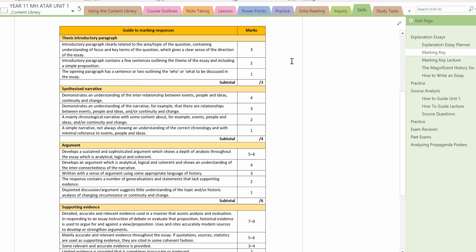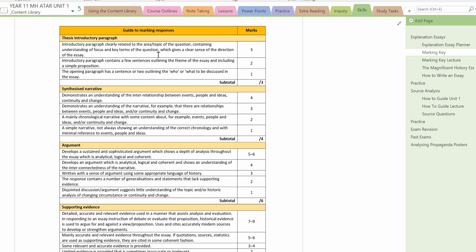So in your paragraph, you want to make sure it's related to the area and the topic. You've got to have an understanding of the focus and key terms of the question, and you've got to give a clear sense of the direction of the essay. That doesn't really give you a lot of information, so that's why later on we'll have a look at how that then translates into what you can do.